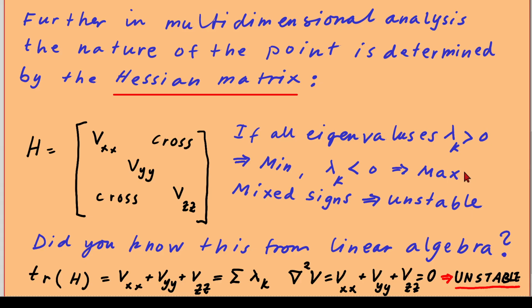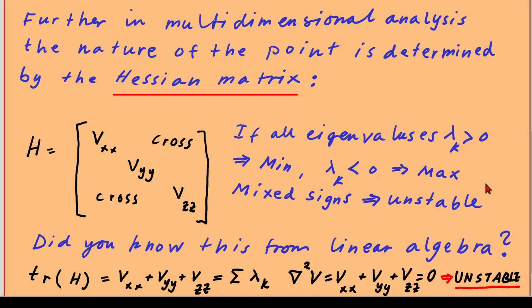And a charge placed at the maximum would not be stable. It would just be falling off. And if you have mixed signs of the eigenvalues, then it's an unstable saddle point. So a charge placed there will not remain there forever.